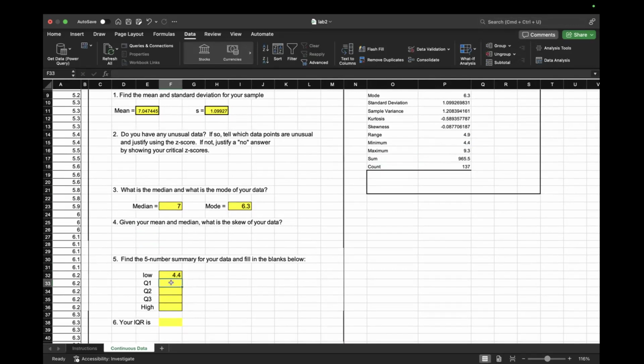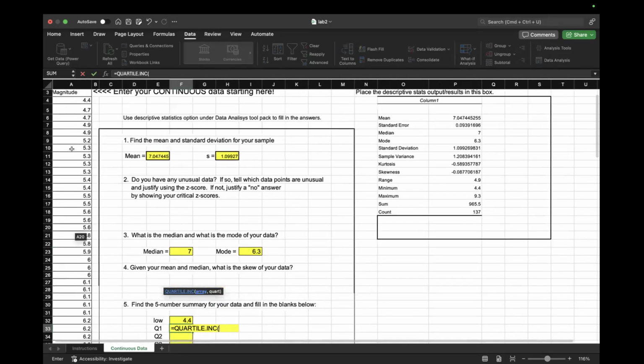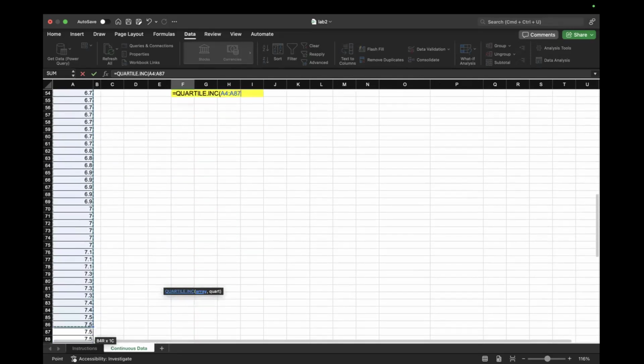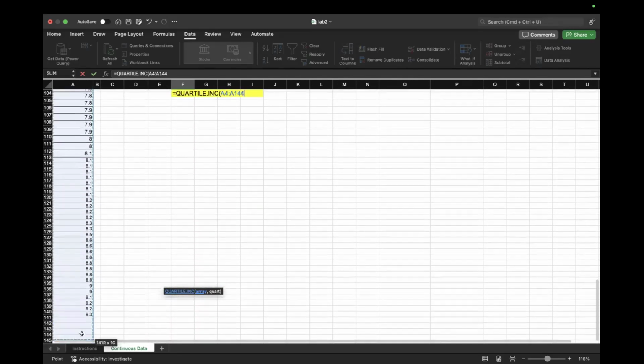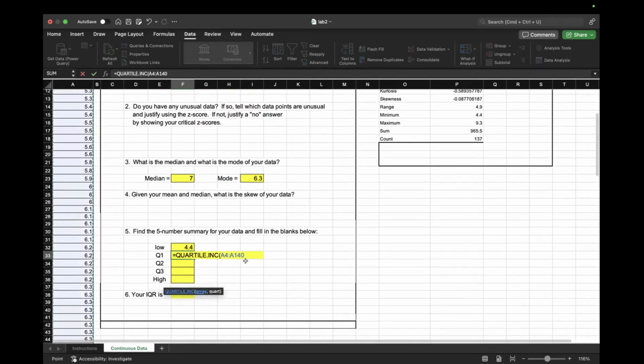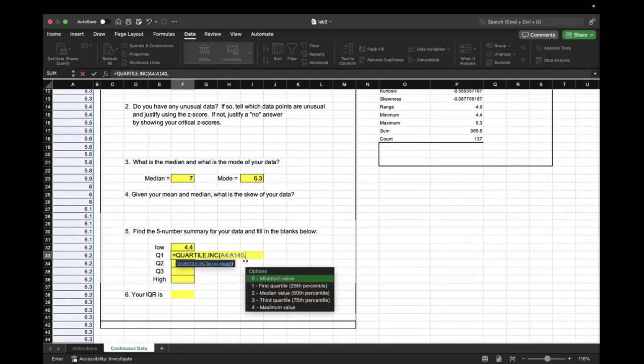Q1. So take a look here. I'm going to start typing the word quartile. So right here, I started typing the word quartile. I want quartile.INC. And then I will highlight my data because it says array, quartile.INC, highlight the data, and then comma, I want the first quartile.